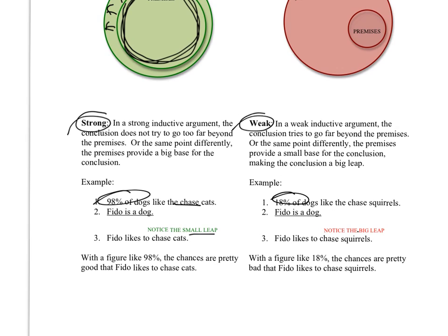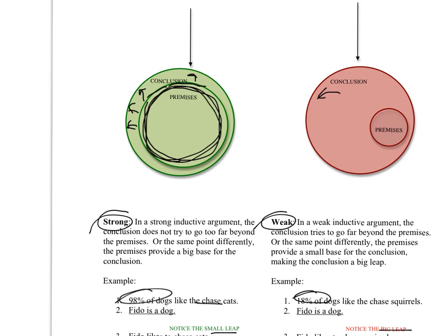It's a very big leap, and a big leap means that you're not going to have a strong basis for the conclusion. So going back here, you're actually making a very big leap to draw the conclusion, and when you do that, you're making a very risky inference. The premises don't support the conclusion with any degree of strength at all.